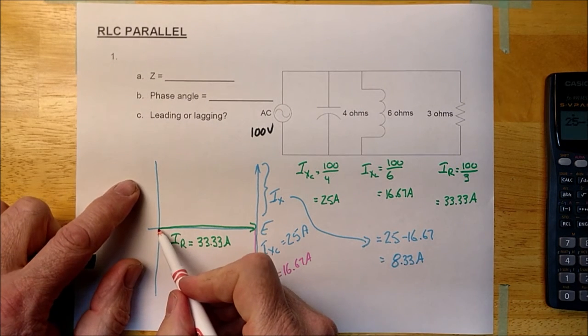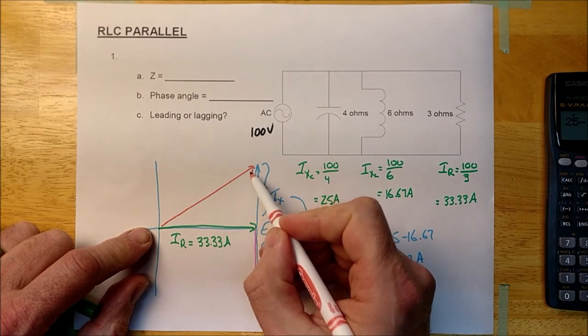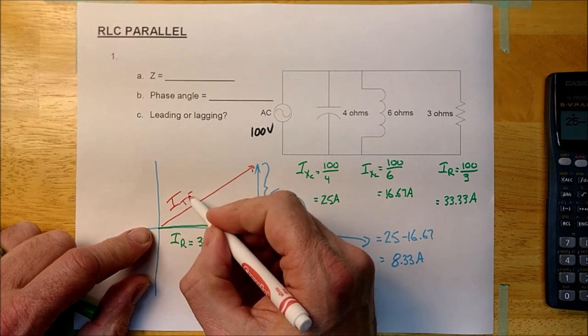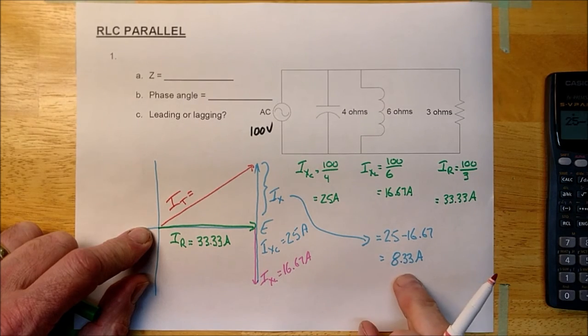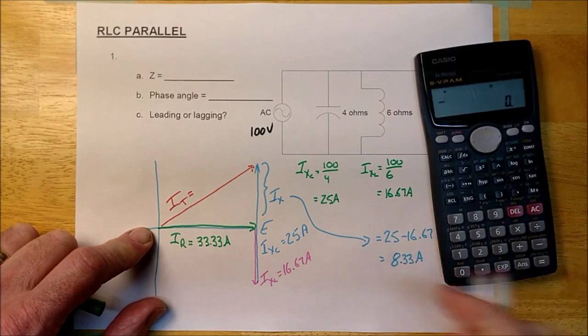All right. Now, the sum of those three is going to be a phasor that starts at the beginning of the first one and ends at the end of the last one. There it is. And this is I total. Okay? And I total will be the square root of this squared plus that squared. So I'm going to try that. Let's calculate it right over here. All right.